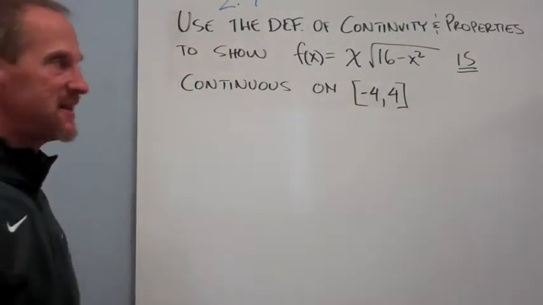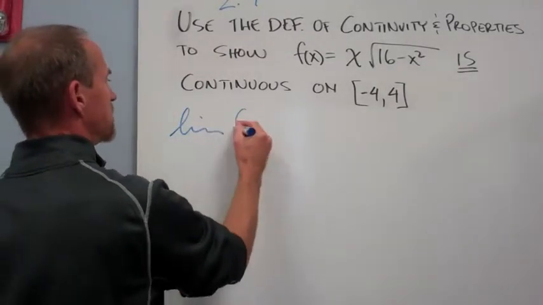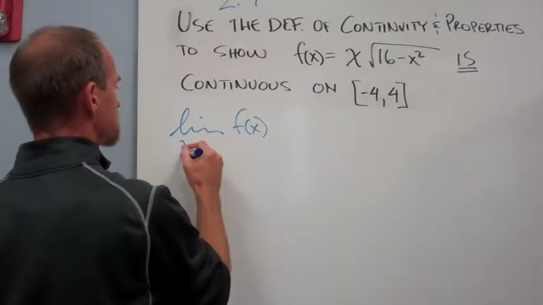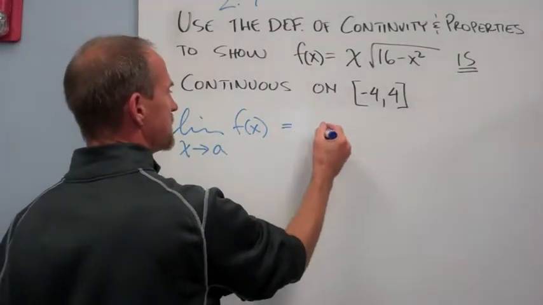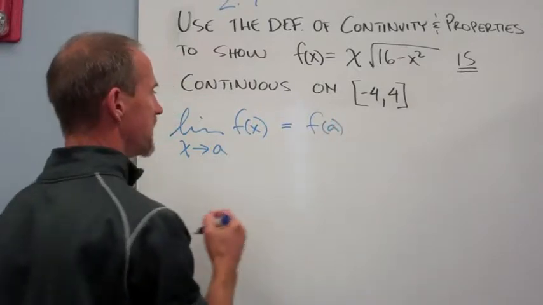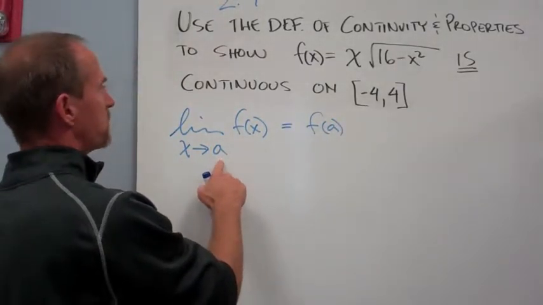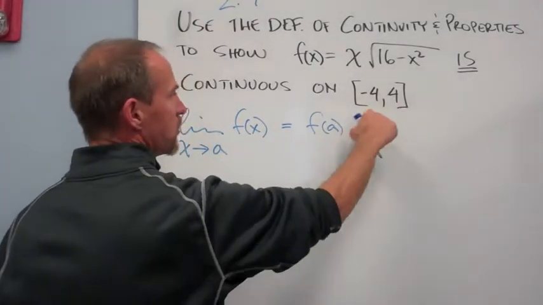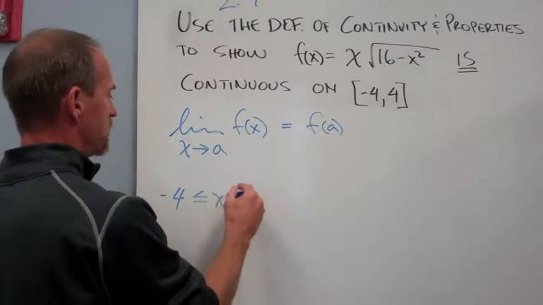So what you basically need to show is the key part: is it true that the limit of this function, as x approaches some arbitrary number a, is the same thing as the actual function value f of a? We're going to show that. We need to be clear about the interval over which we're talking, from -4 to +4.